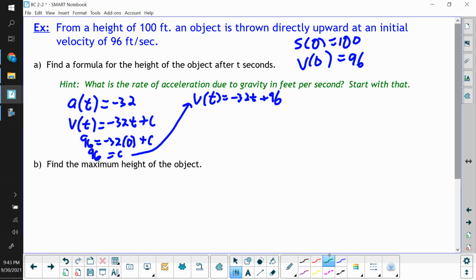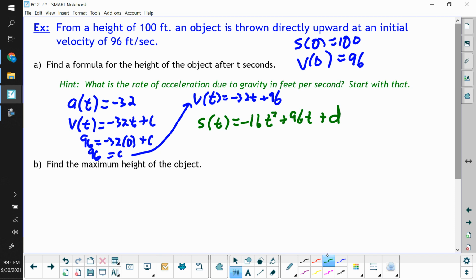Well, we want the height formula, which is the same as saying the position formula. So we'll take the antiderivative of that. We'll have S of t is equal to negative 16t squared plus 96t plus, now we need another constant. We've already used c, so I'm going to use d on the end, just something different.